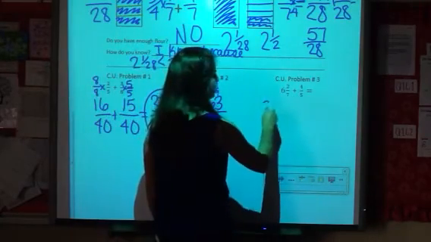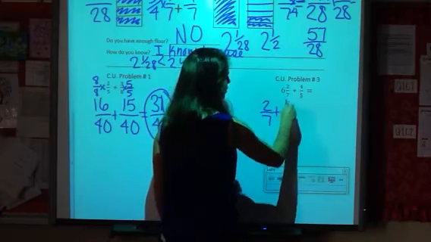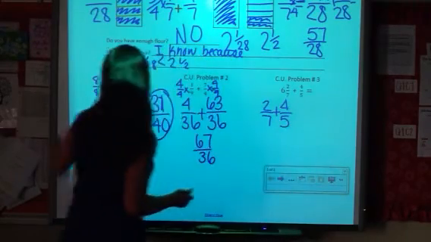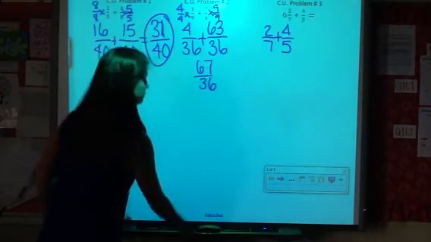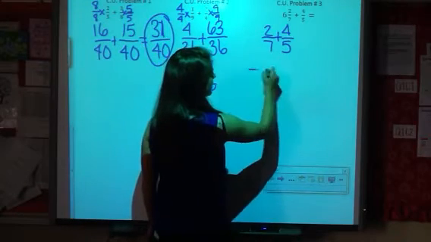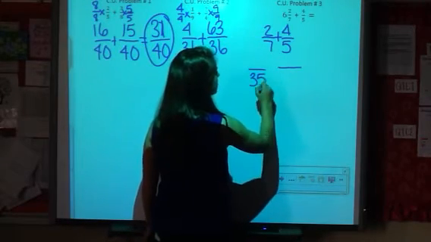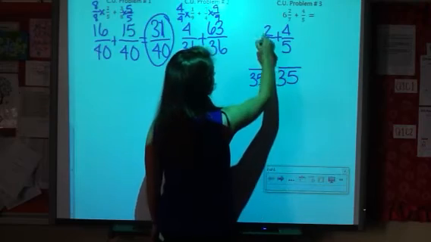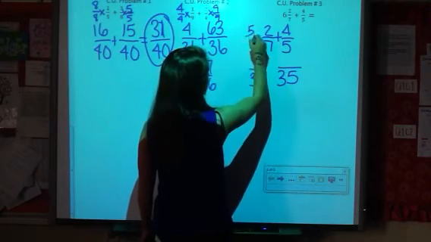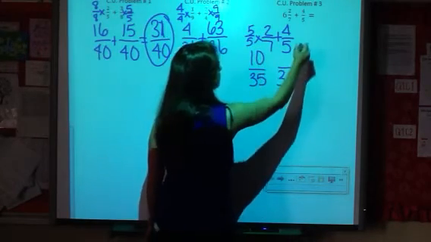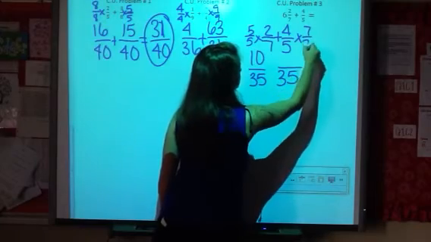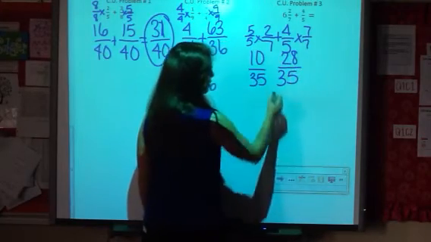Okay? So let's add 2/7 plus 4/5. So a common denominator here would be 35. And I'm going to multiply by 5/5, and I get 10/35. And I'm going to multiply by 7/7 to get 28/35.